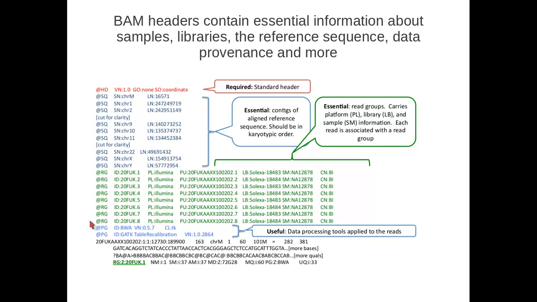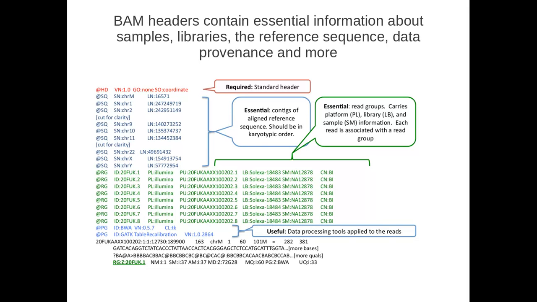Here, the read groups. This is important for handling information about a particular strategy of sequencing. So sometimes in human genomes, when you do whole genome sequencing, they're so large that in order to get deep coverage, you have to sequence across lanes.